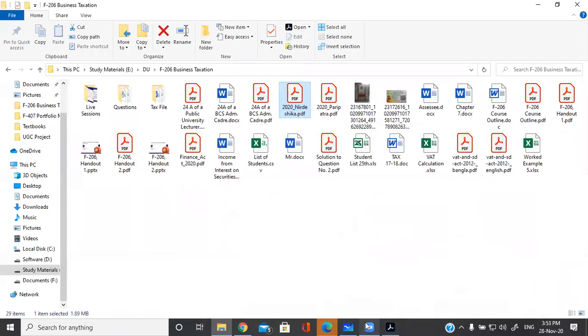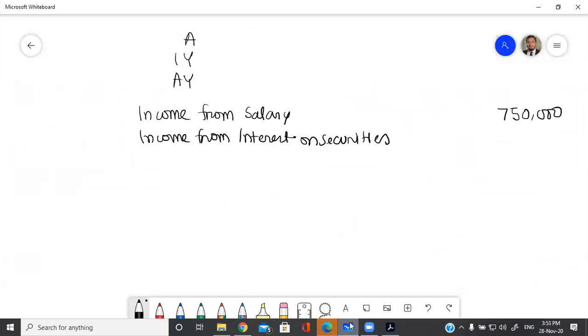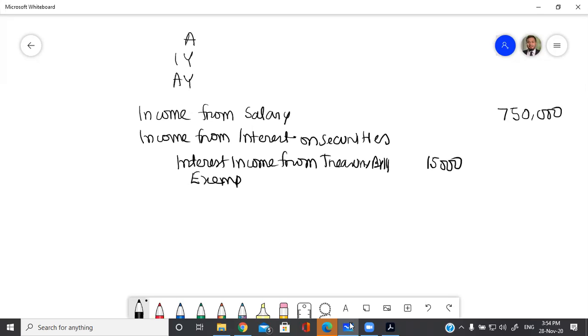I have mentioned that treasury bill interest income is tax exempted. So what we are writing, interest income from treasury bill 15,000. As you have come to learn that this is tax exempted, in that case, the total 15,000 taka will be tax exempted. Okay.